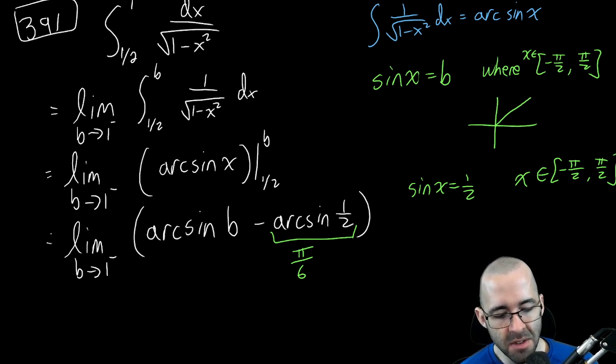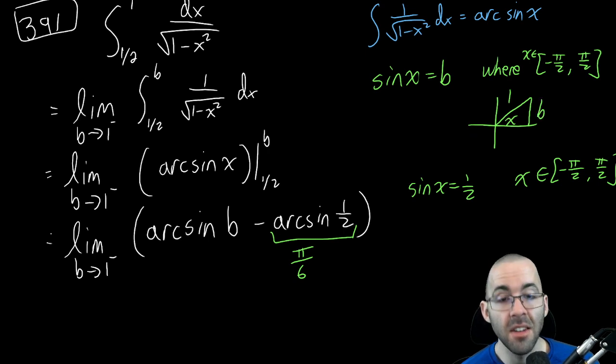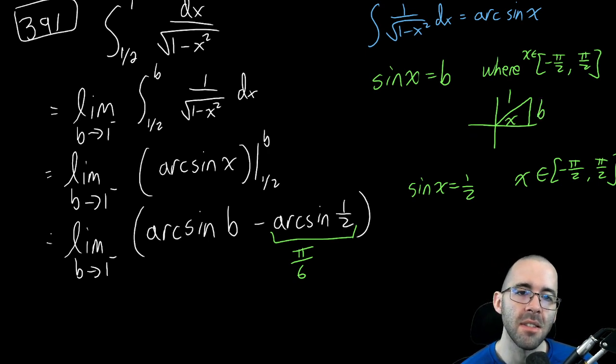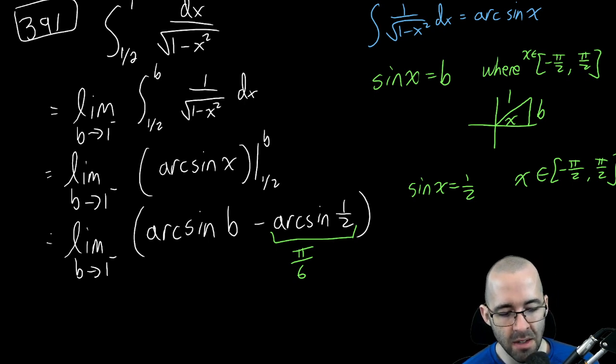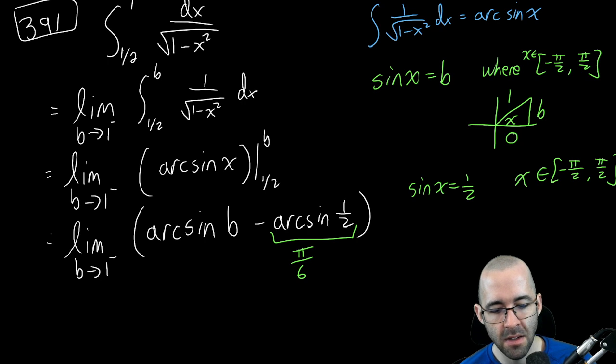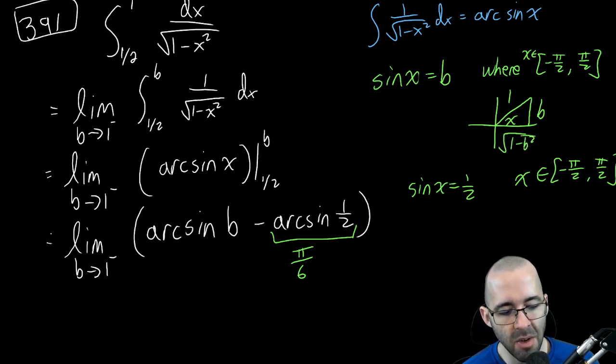It's a positive number, so we can draw this in the positive quadrant. Sine of x is opposite over hypotenuse. That's sine of x equals b. And what happens as b is going to 1? What is x doing? As b is going to 1, this is going to 0. This is the square root of 1 minus b squared. As b is going to 1, this is going to 0. So that angle is going to pi over 2.